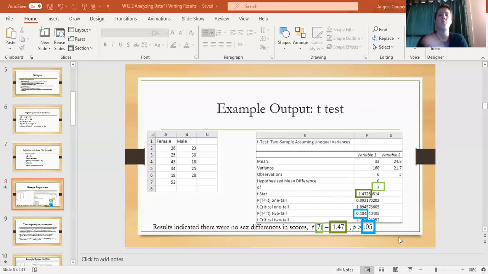So when you have the output of a t-test, these sections that I have circled or squared here are the things that you need to be concerned about. You don't need to worry about the hypothesized mean difference. You don't have to worry about the p for one-tail, the critical value for one-tail, or the critical value for two-tail tests. You're only looking in terms of what you need to put in your APA style paper.